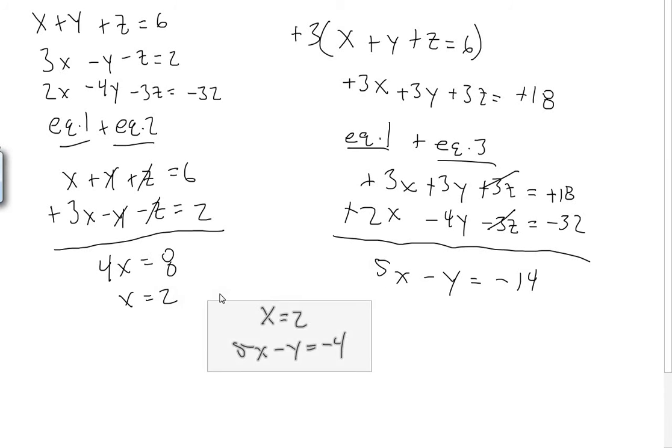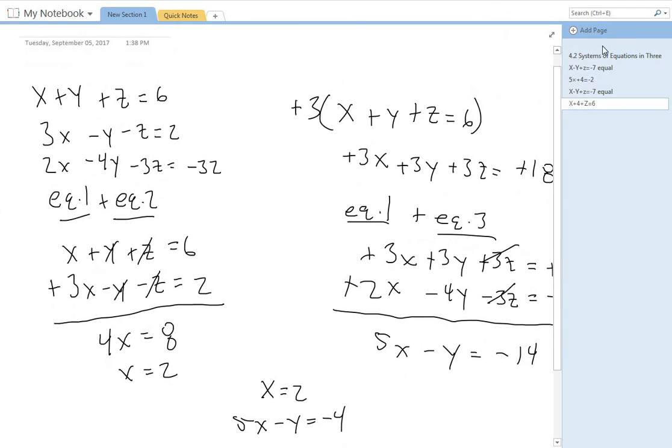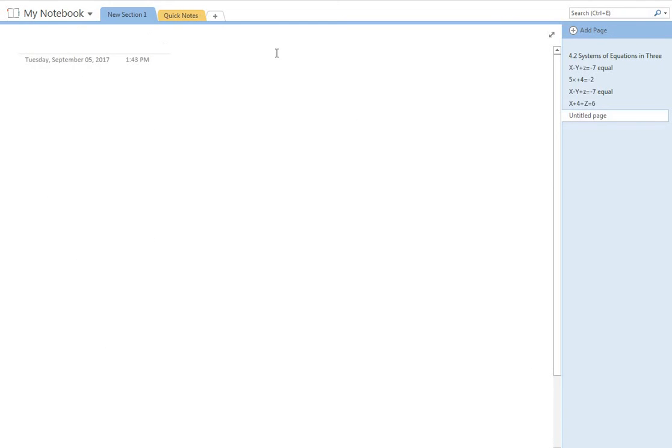Let me copy this guy. Because if x equals 2 and the equation that I want to solve is 5x minus y equal to negative 14, then I can just let x be equal to 2 and solve this equation right away. So there's no real work to solve the system of equations in 2 variables in this case.